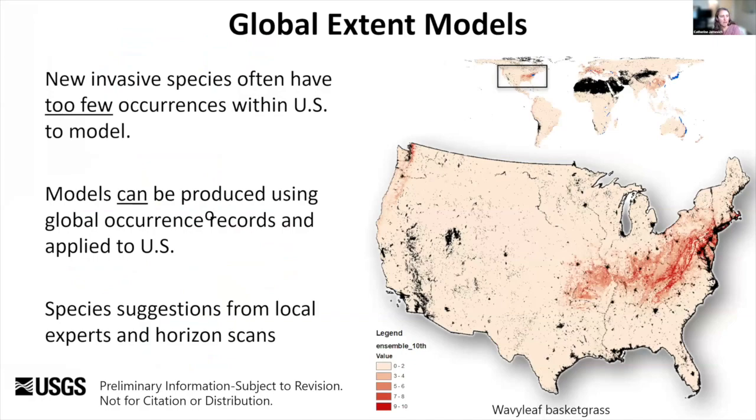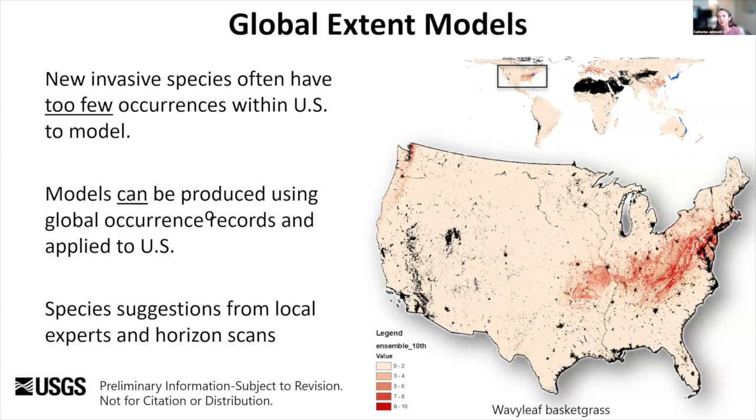So how does INHABIT feed into some of these pieces? When we first started with INHABIT, the Park Service invasive plant management teams gave us a list of suggested species. We started out with 30, and one of the species they were really interested in was wavy leaf basket grass, which at that time just didn't have enough occurrence data within the US for us to fit a model, because it hadn't been here long enough and spread enough.